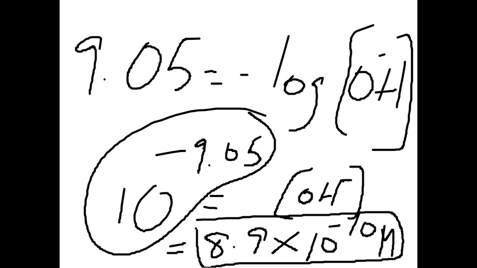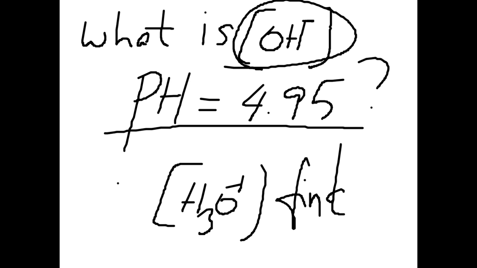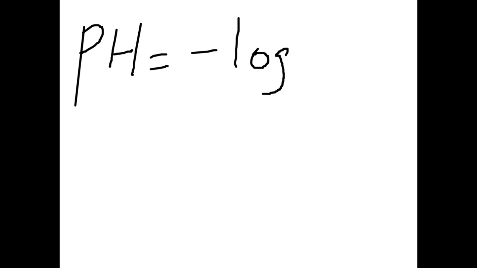Okay, how will you do the other way? What other way were you saying? The other way I was saying is what Michael and Josh were doing, which is find the H3O plus first with the pH. So for that we would say pH is equal to negative log of H3O plus, correct?